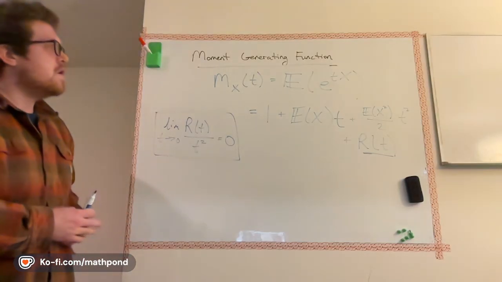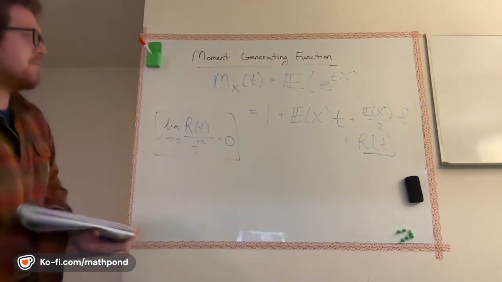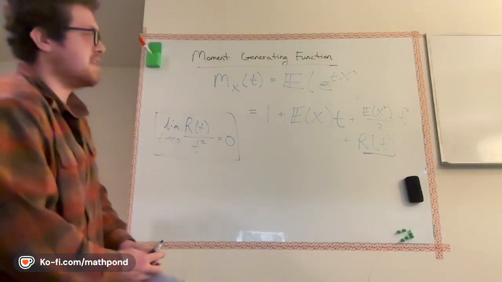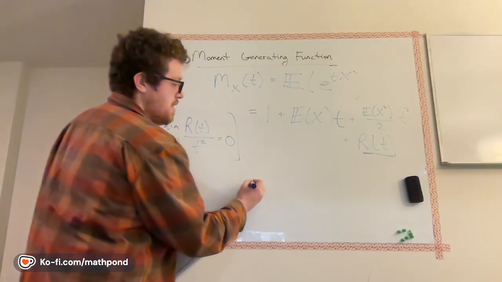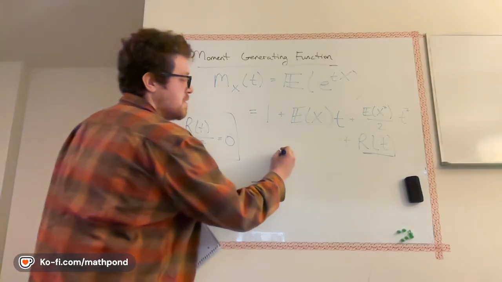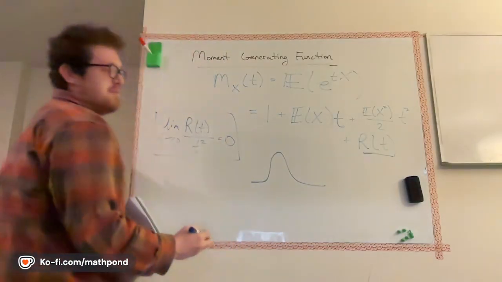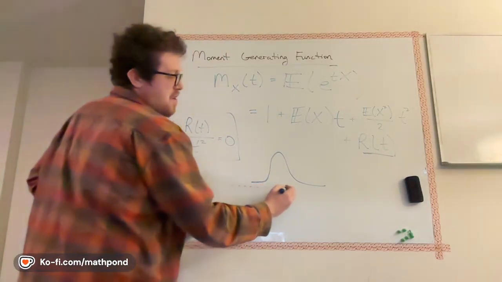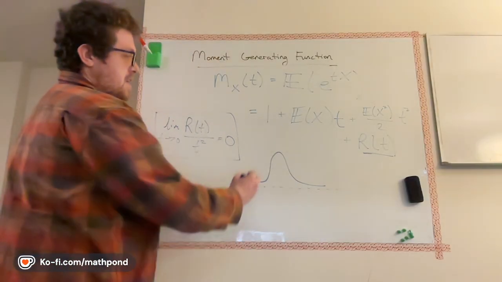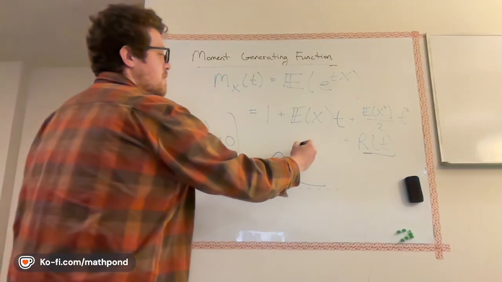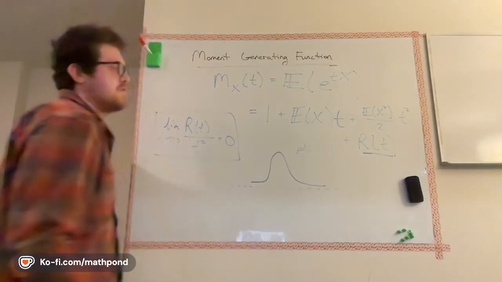So what is the central limit theorem? Let's also note, and I don't want to go through the calculation, that the standard normal variable has a certain moment generating function, which we'll talk about in a second. Does anybody remember what it is? This is the PDF for the standard normal variable.